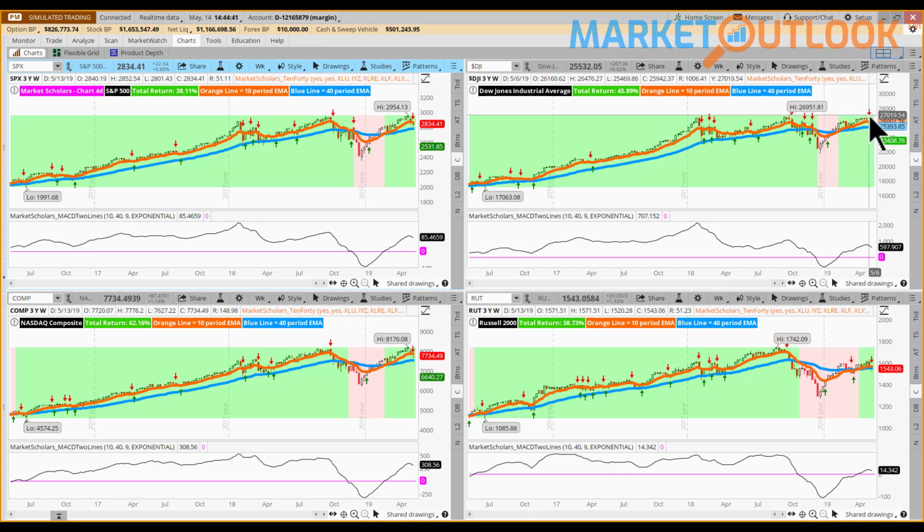And I was explaining that that red arrow was basically signifying that price was below the orange moving average on this chart. Now, that orange moving average is a 10-week moving average. Remember that the background colors of the charts will turn from green to pink if the moving averages themselves cross over. We're not there yet.